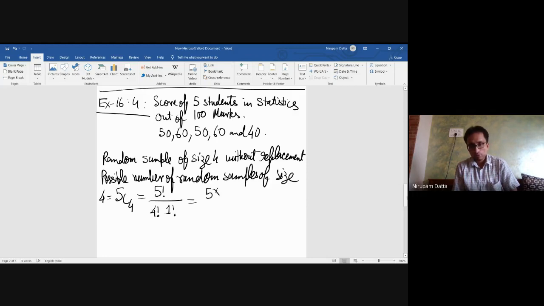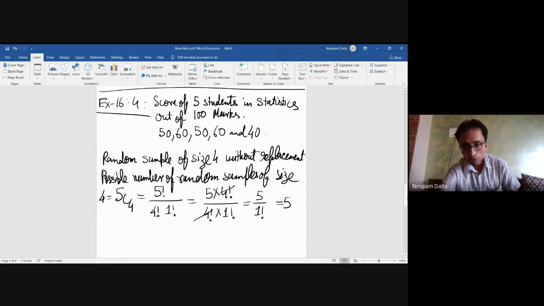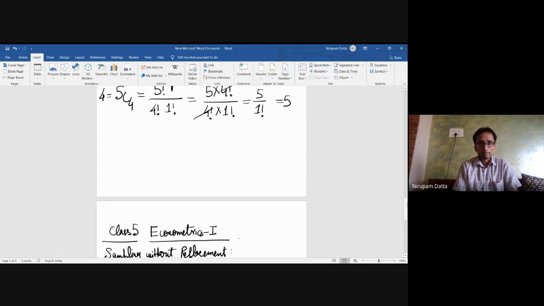So 5 into 4 factorial in the numerator, and in the denominator 4 factorial into 1 factorial. So they cancel each other out. So we have got 5 by 1 factorial, and 1 factorial is nothing but 1. So 5.